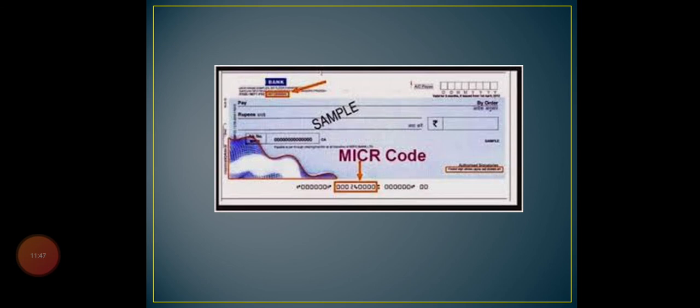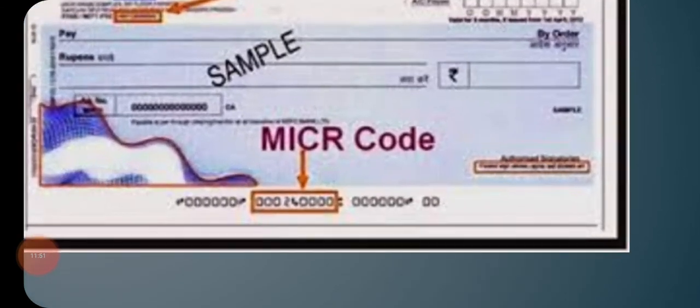It is written with a special ink called magnetic ink, right? Whatever this code is, MICR code is written here. It is written with a special ink that contains magnetic particles of iron oxide, right? And magnetic ink character reader can easily read these letters or numbers which contain iron oxide. It is extensively used in banks.